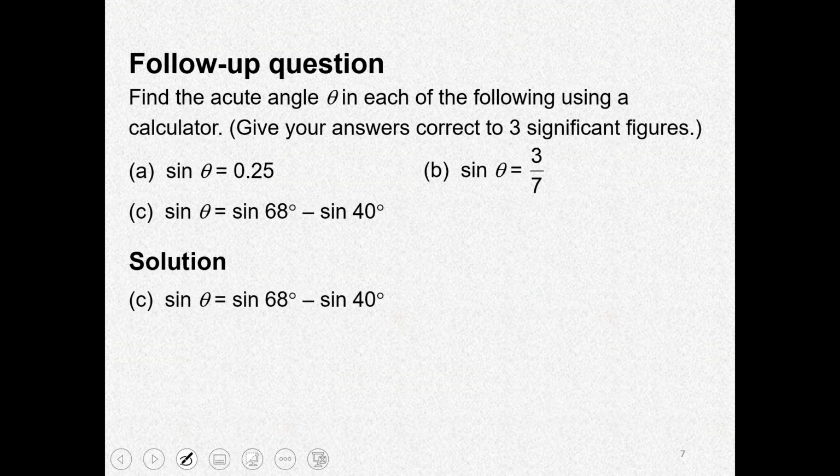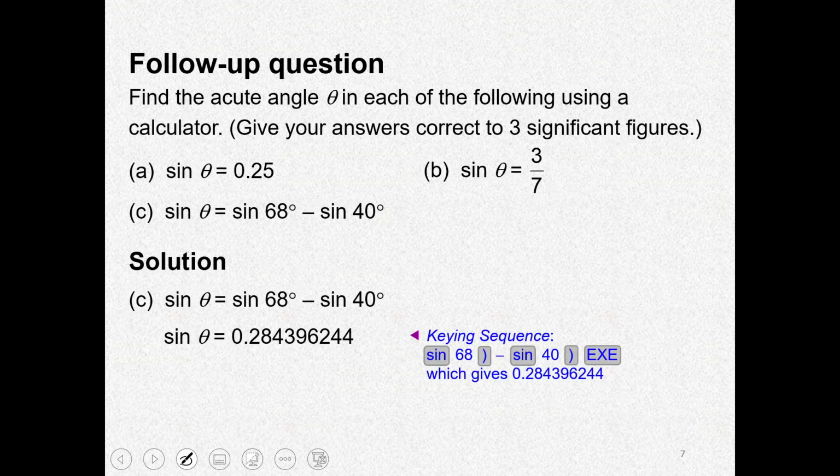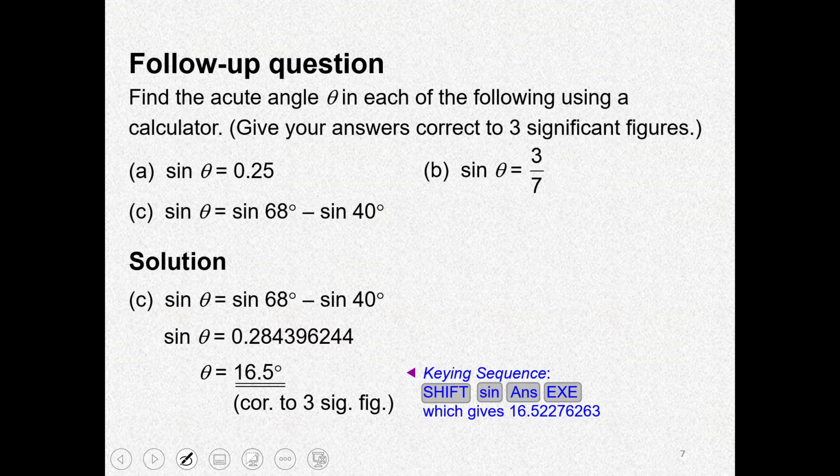So for part C, we can find out the value of the right hand side first, and then we can press the shift button and sine button and then the answer button, because the answer button means the 0.284 something.